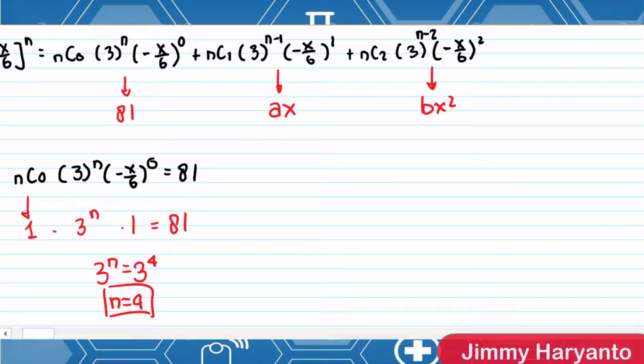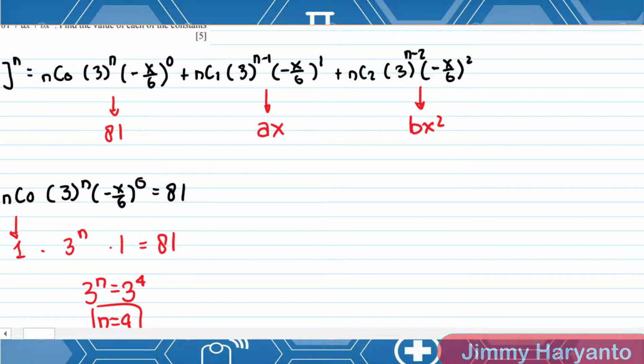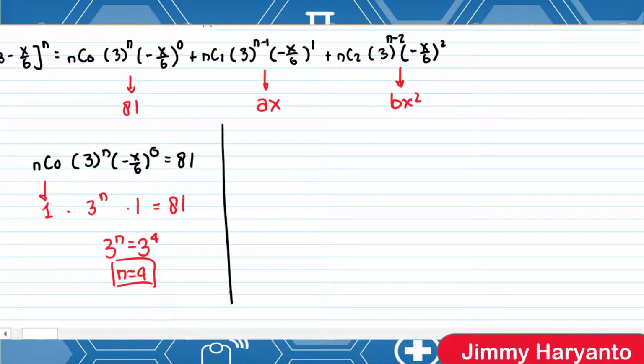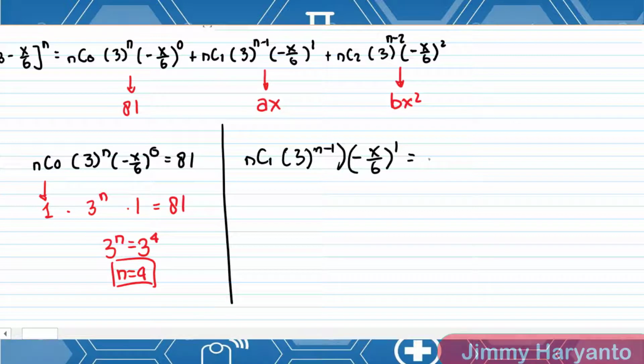After you get n equals 4, you can find a from the second term. The second term will be nC1 times 3 to the power of n minus 1, negative x over 6 to the power of 1, which should equal ax, right?